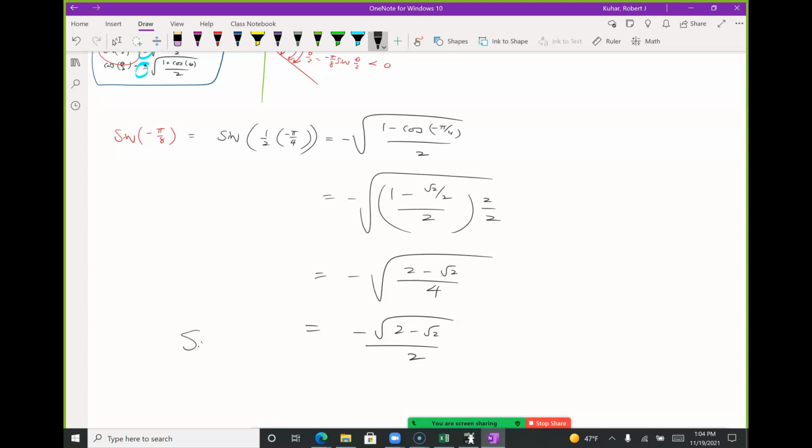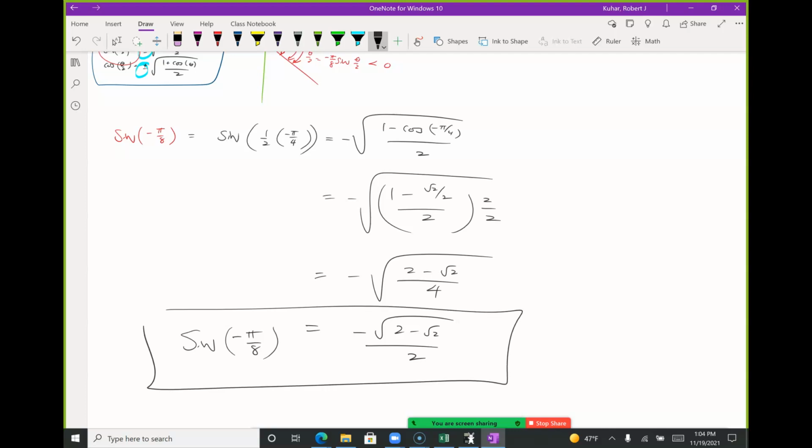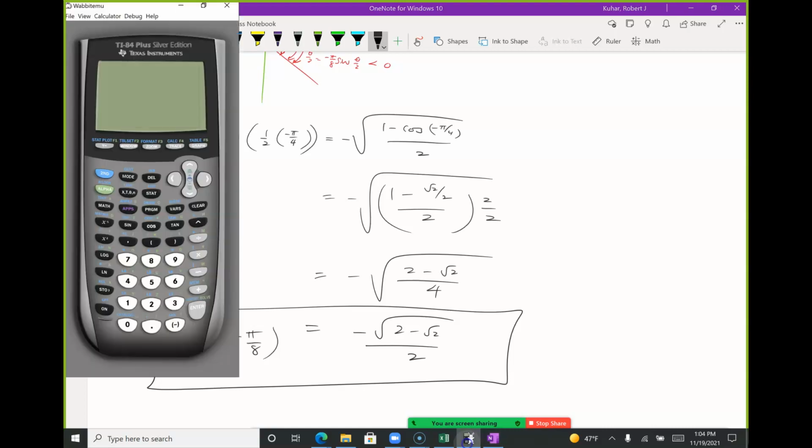What's nice about this is you can check it on the calculator. Do you want to see me check it on the calculator? Yes. So on the left-hand side, I have sine of negative pi over 8. On the calculator, sine of negative pi divided by 8, and I get about negative 0.38.